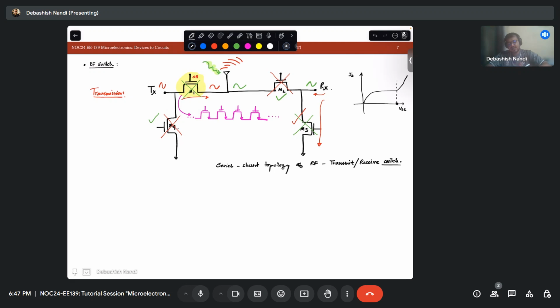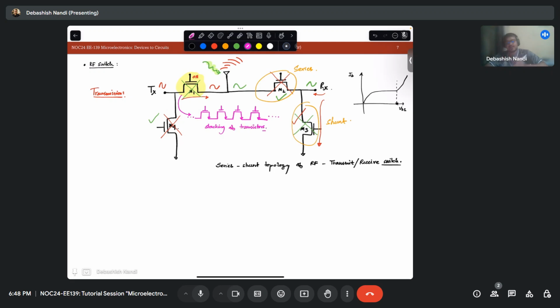Similarly, the same thing happens in the shunt branches also. So this fellow is called the shunt branch, and this fellow is called the series branch. And this stuff is called stacking of transistors.